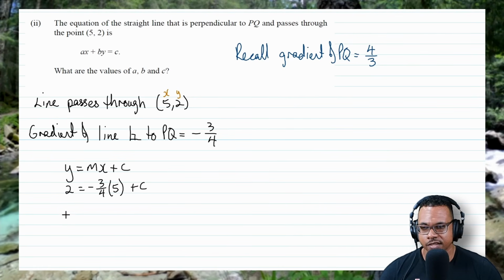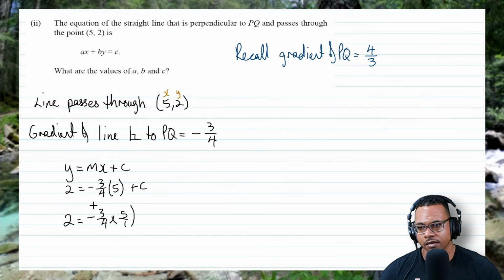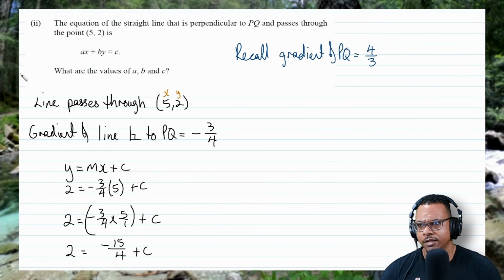So what we're really working out here is that 2 is equal to negative 3/4 multiplied by 5, which is 5 over 1. Nothing would cancel, so we multiply across: 3 by 5 is 15, 4 by 1 is 4. So we have 2 equals negative 15 over 4 plus c. Now we can transfer this negative 15 over 4 across the equal sign and it becomes positive.